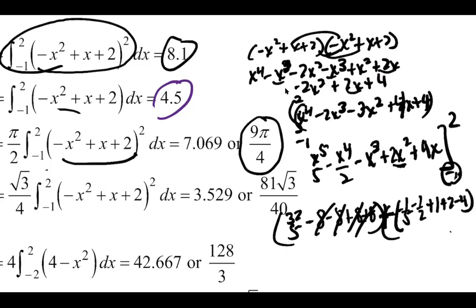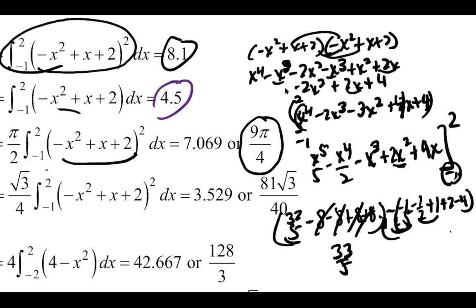But 32, this was minus, I'm sorry. Squeezing it in because I feel like it's got to be 8.1. So it was 31/5. Oh, it's minus a negative.